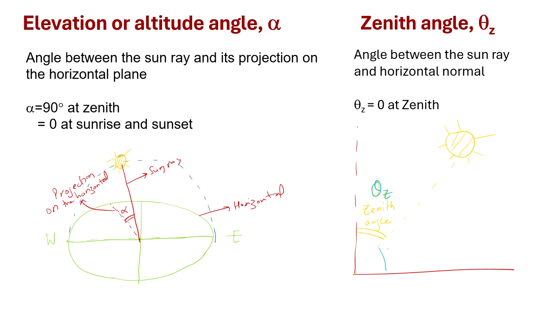So, naturally this will be your alpha. Okay. So, this will be nothing but alpha. So, theta z is equal to 90 minus alpha. All right.